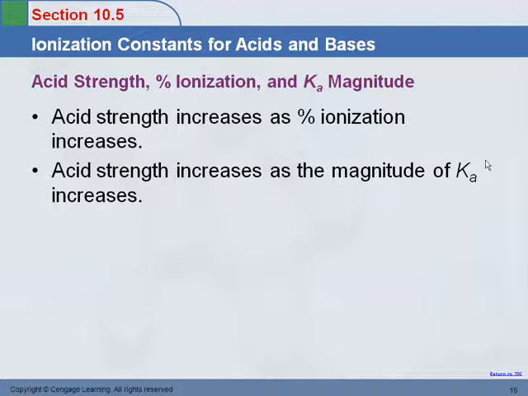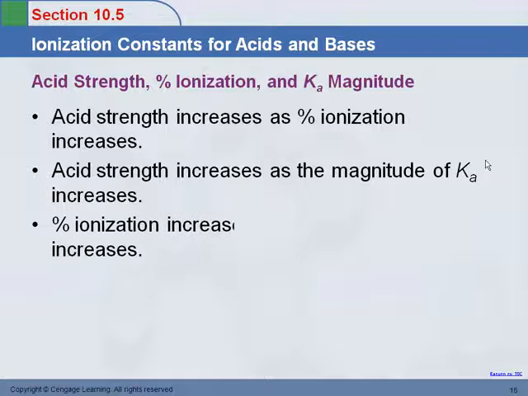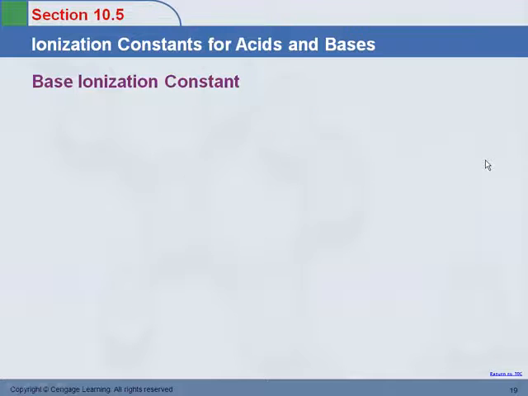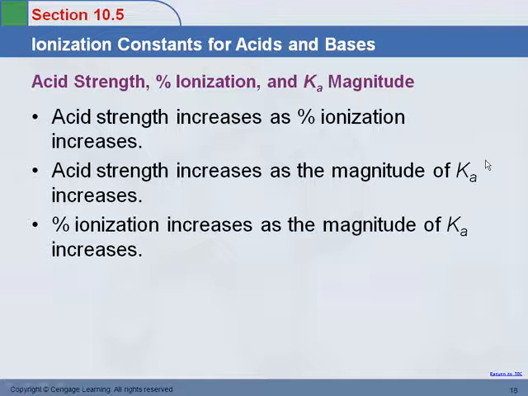So as the percent ionization increases, the strength of my acid is going to go up, and as that happens, Ka will go up as well. For bases, let me go back there for one sec, and just make sure that you're aware. So large Kas go with strong acids, and small Kas go with weak acids.